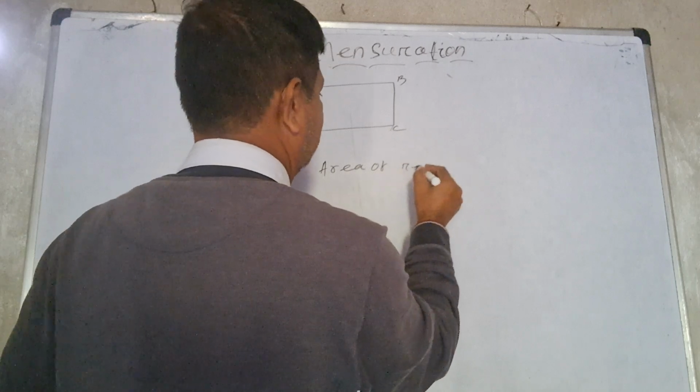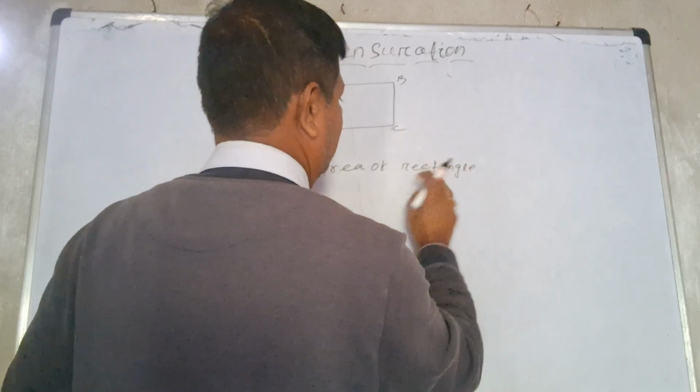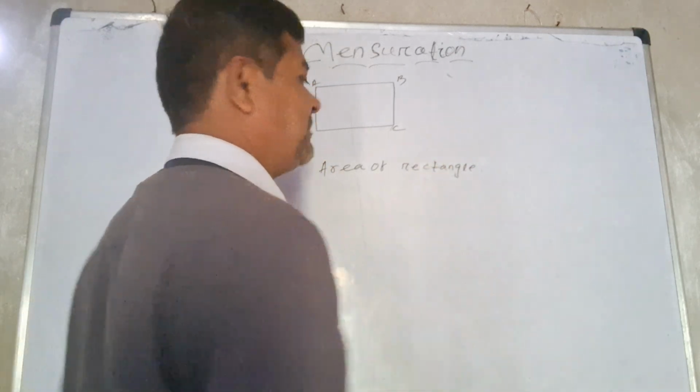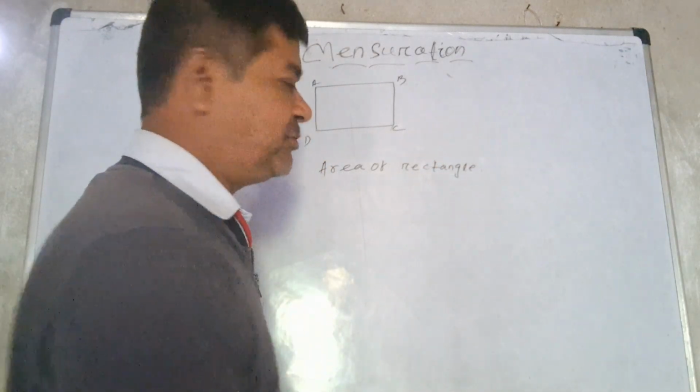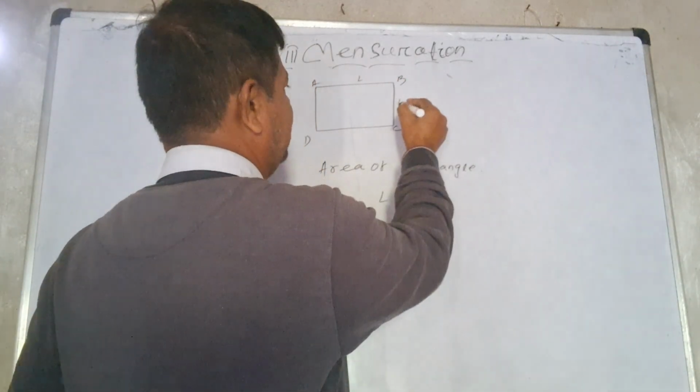Area of a rectangle is L into B, length into breadth. It is your length, it is your breadth.